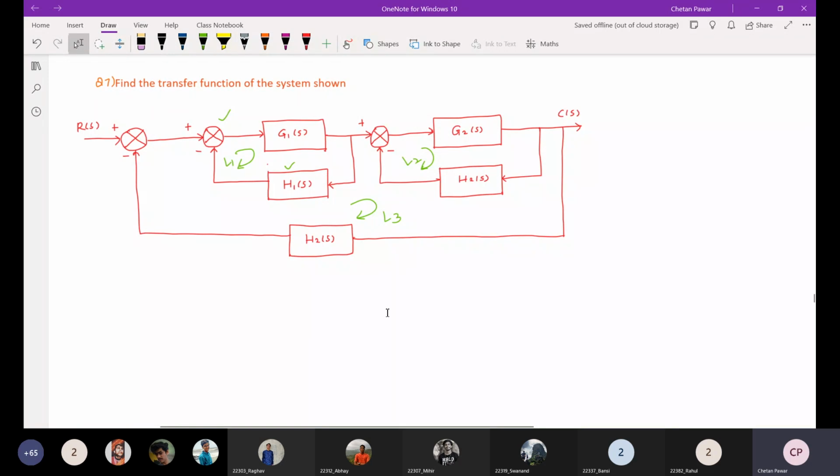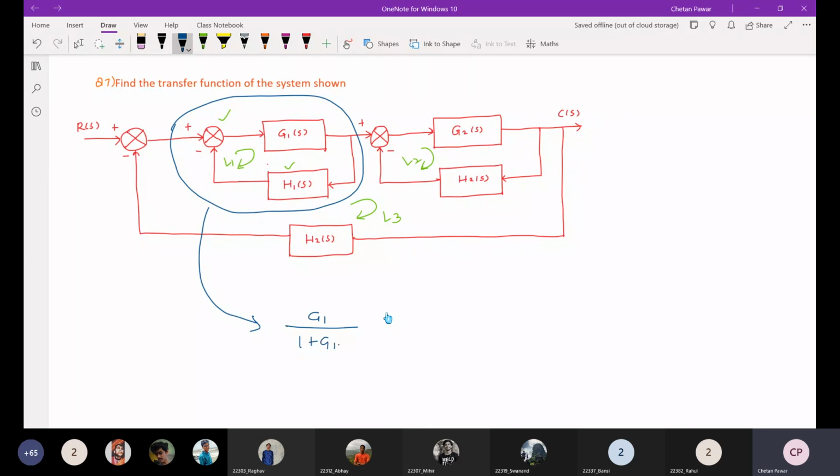So here I will just show you. If you see this particular block, the reduction will be G1 upon 1 plus G1 into H1, right? For this particular block, the reduction will be G2 upon 1 plus G2 into H2, right?